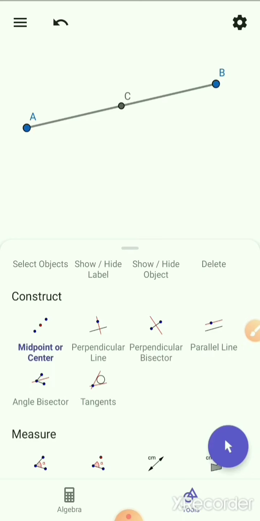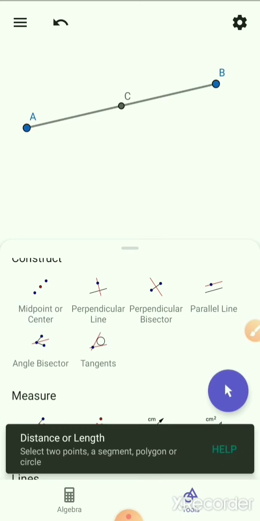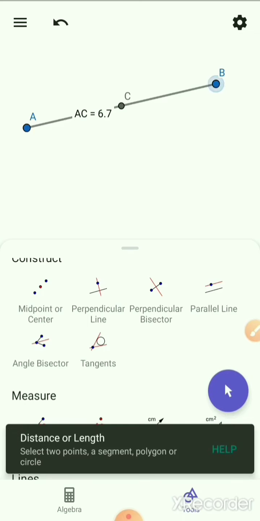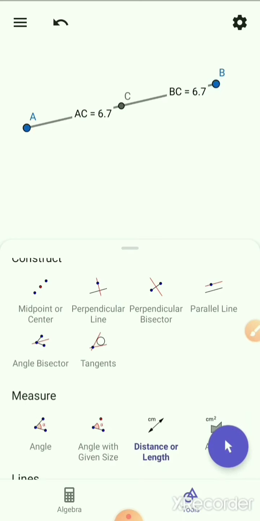First I'll measure the distance of A and C. AC is 6.7 centimeter. Now let's measure the distance of B and C. It is again 6.7 centimeter.